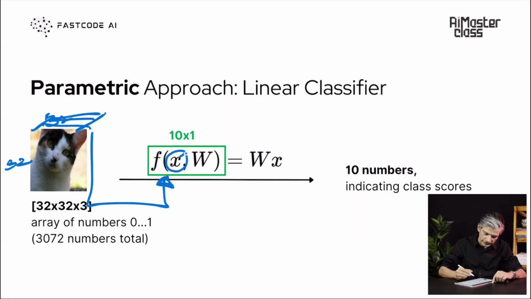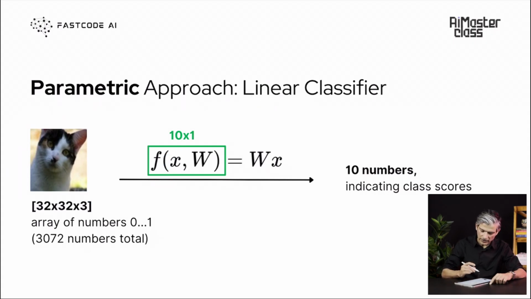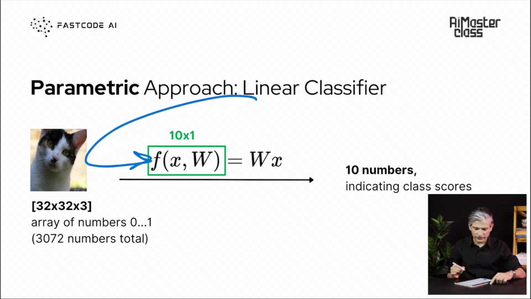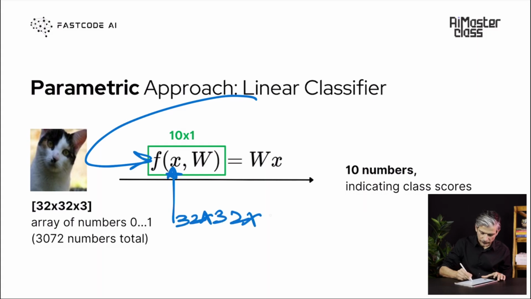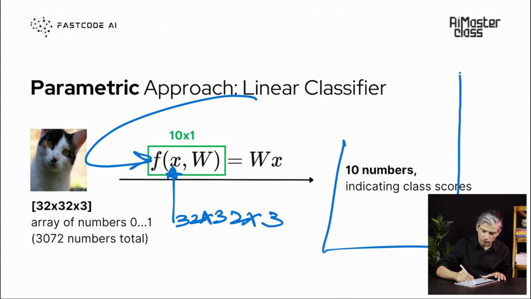Then we define a function. This linear classifier is essentially our function, and with this function we are transforming this image of size 32 cross 32 cross 3 to these 10 output numbers corresponding to the 10 classes that we are interested in.